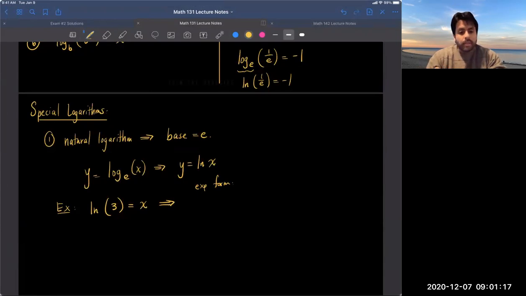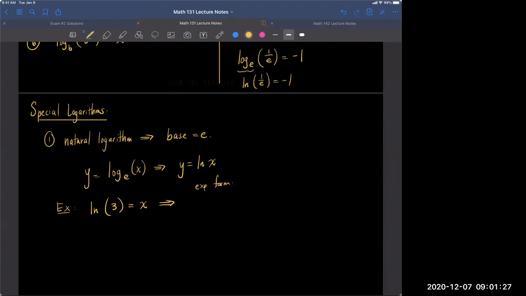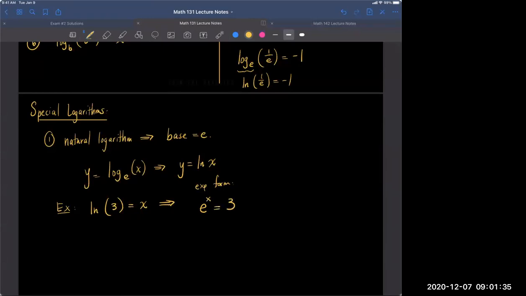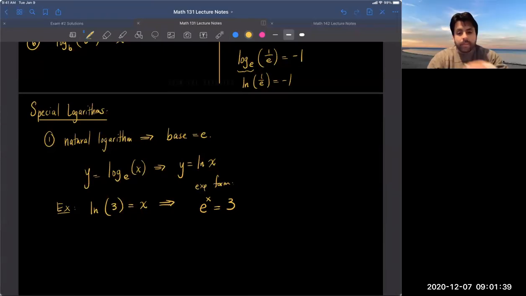Well, what's my base? Natural log. My base is e. What's my exponent? x. e to the x equals 3. So ln is the natural log.